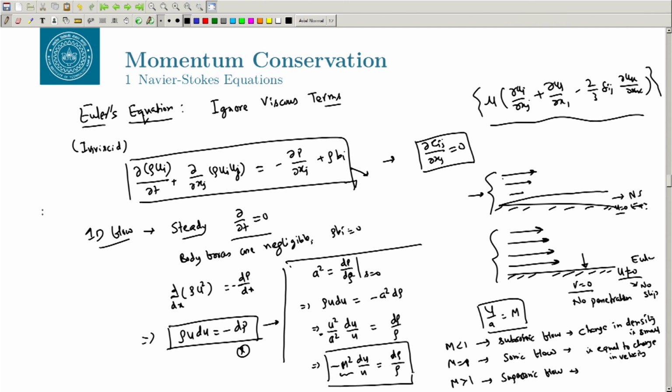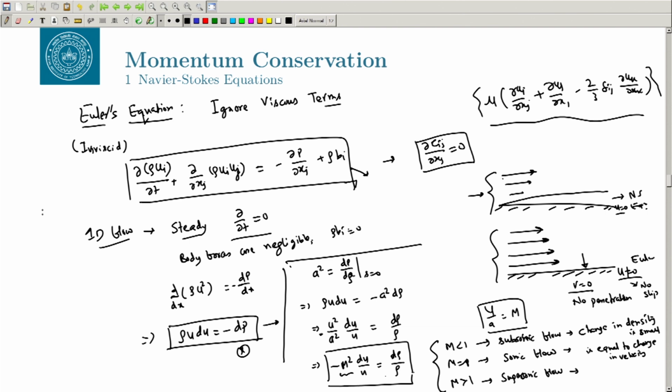In that case, your change in density is much greater than the change in velocity. So, that is why you can now understand that when you go to higher and higher Mach number, your density change becomes very important, and you cannot ignore the compressibility.